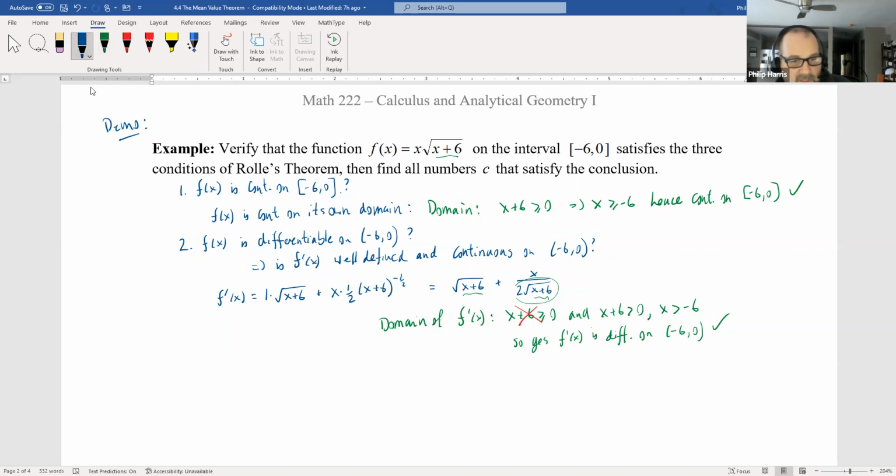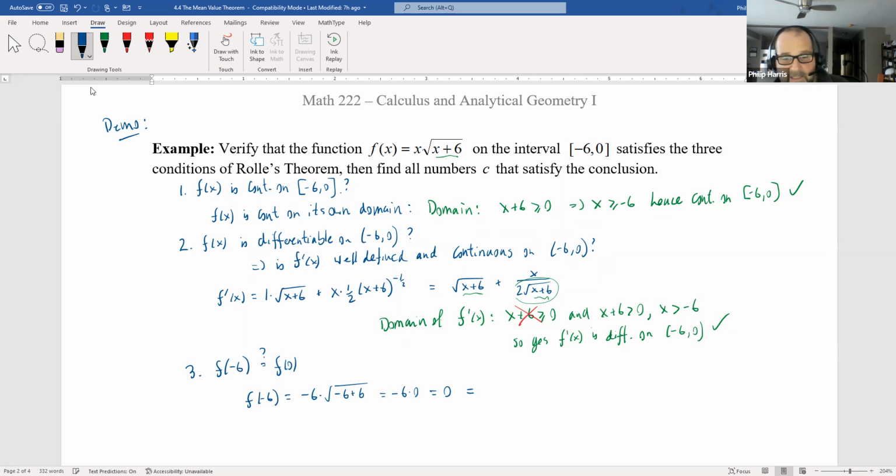The third condition of Rolle's theorem is that f of -6 equals f of 0. Let's try it. F of -6 is -6 times the square root of -6 plus 6. That is -6 times 0, which equals 0.